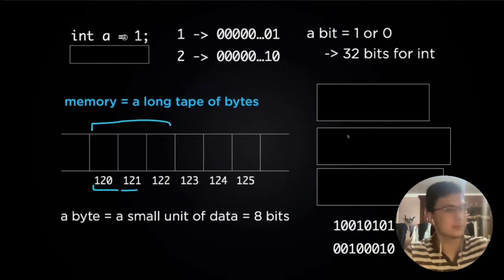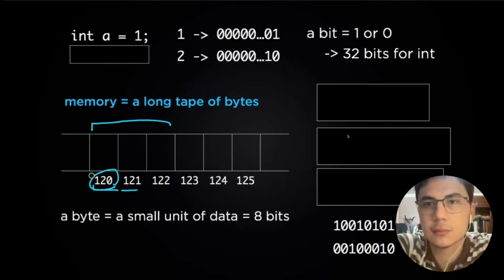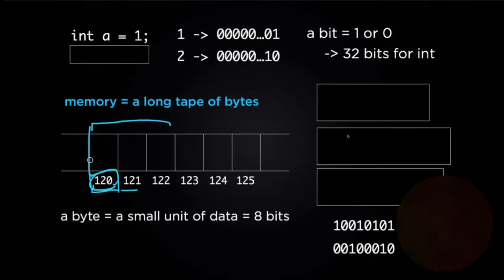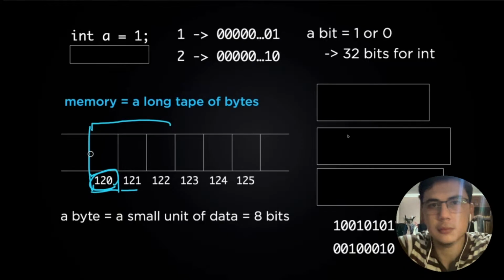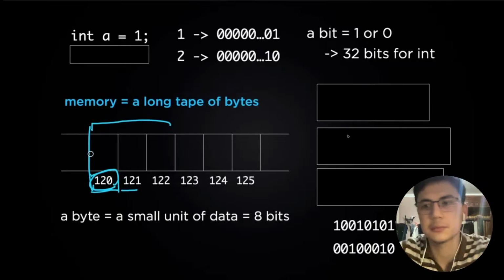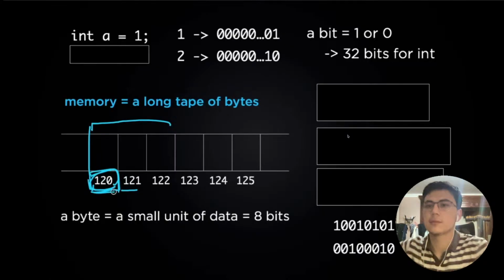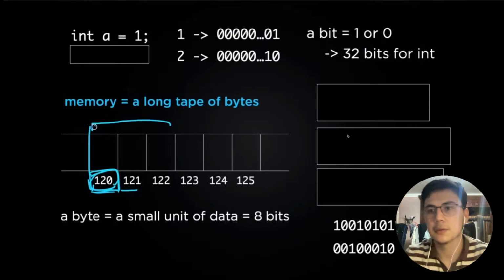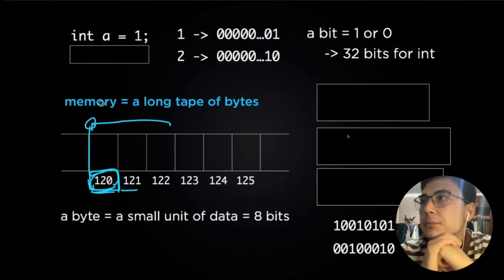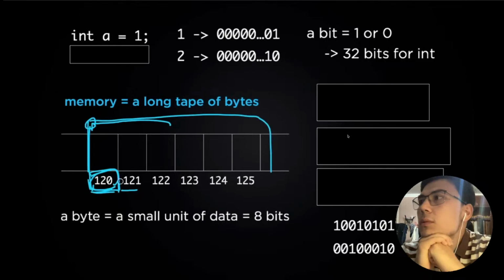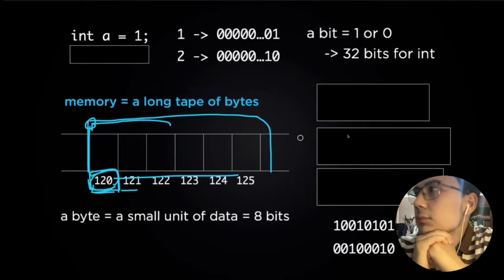Well, the answer is, I came up with this arbitrary number, 120, to represent the starting address for these bytes. But in reality, you don't have to worry about it. And you don't have to worry about it because the operating system determines what the starting address will be for your particular application. So basically, the operating system, whether it's Mac or Windows, decides what your application should live over here in memory, and then someone else's application, let's say Google Chrome, should live over here, and so on.